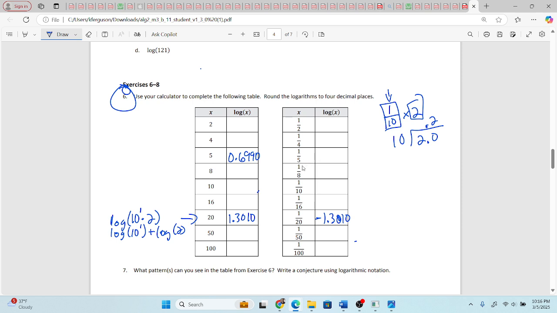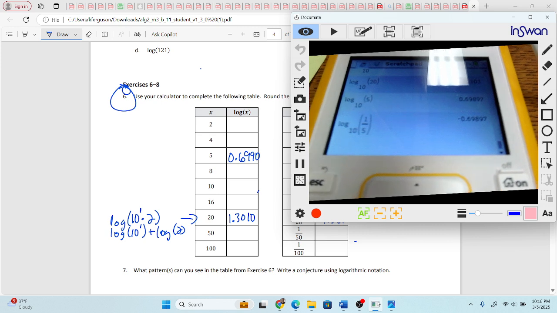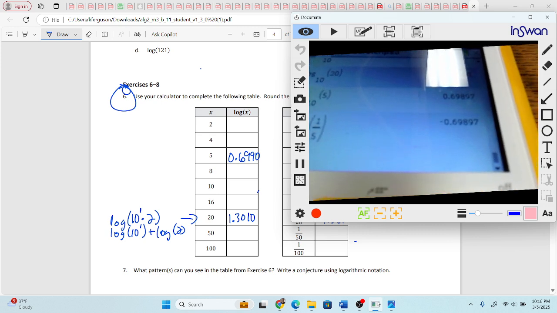Just think about it for a second while I take my time and punch in a couple calculations. So what do you think it's going to be? Well, let's see. It is negative, right?